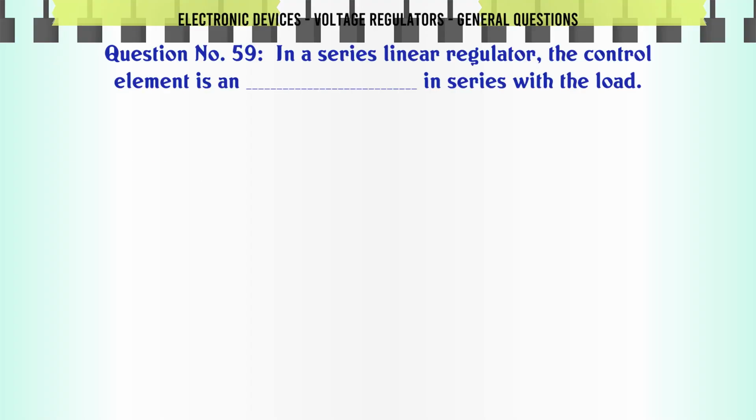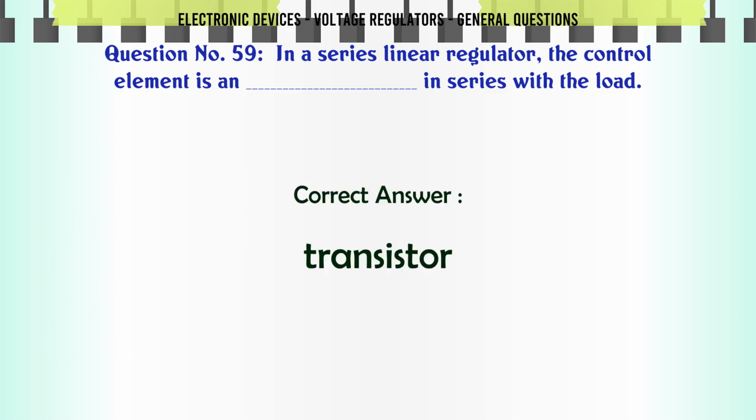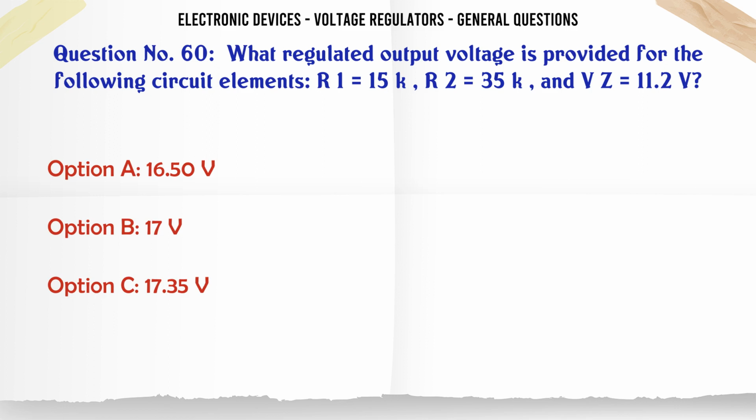In a series linear regulator, the control element is in series with the load. A. Inductor, B. Capacitor, C. Transistor, D. The correct answer is transistor. What regulated output voltage is provided for the following circuit elements? R1 15K, R2 35K and VZ 11.2V.